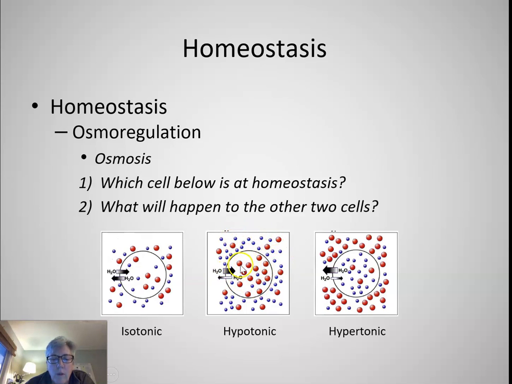We assume these red ones are the solute particles. There's more in the cell than outside of the cell, and in this case water is going to go into the cell to try to equalize that concentration. A hypertonic environment is when the outside of the cell has a higher solute concentration than the inside.